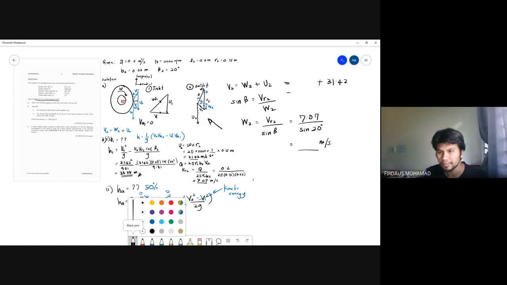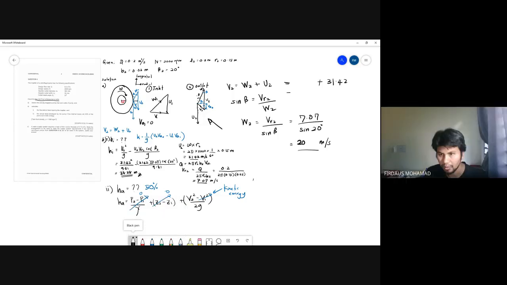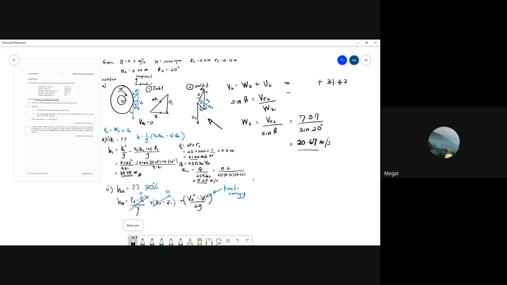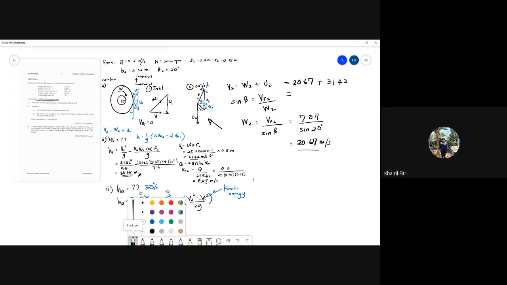Dua puluh apa? 20.67. Betul. Ni berapa? 52.09.